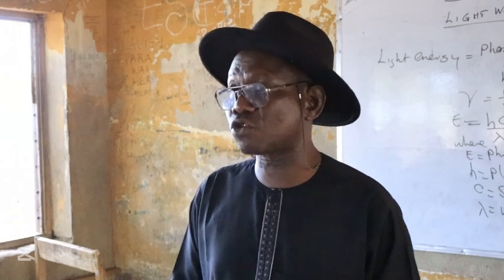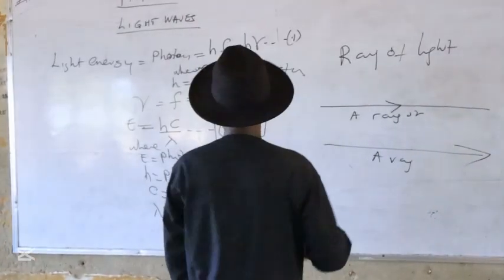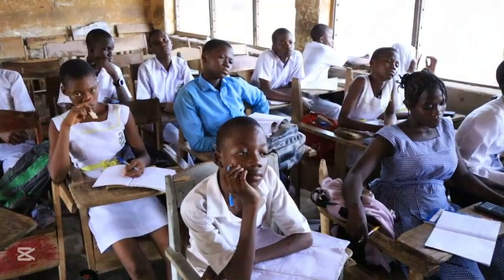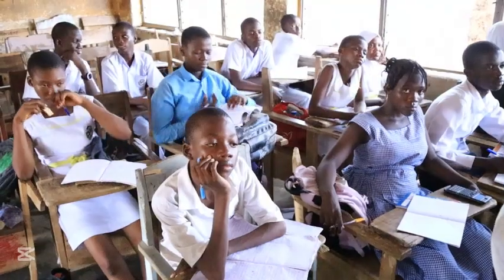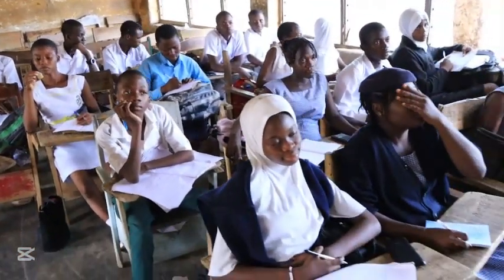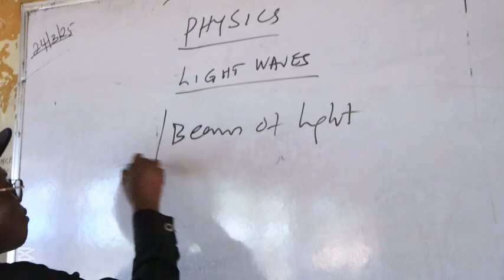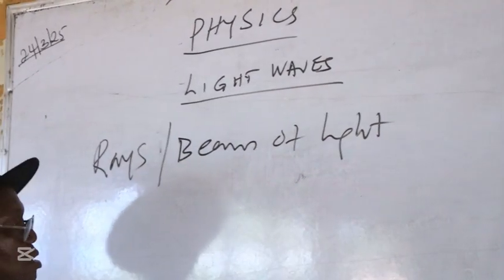Now, types of rays. If we say type of ray or type of beam, we are still talking physics, so type is the same. We can say beam or rays of light.